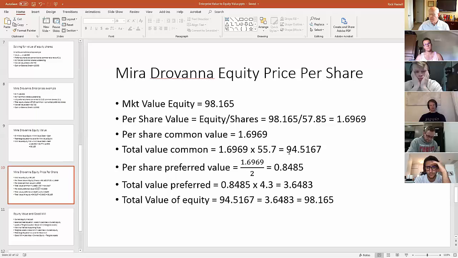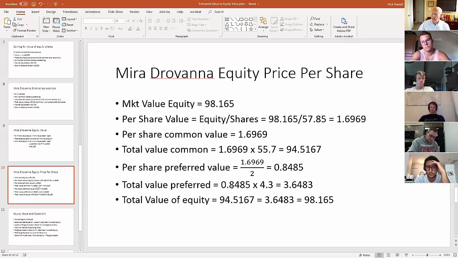Let's do the same kind of thing now for preferred. We're going to take that same 1.70 and we're now going to divide it by 2. Remember, we did the same thing when we found the equivalent shares of the preferred, such that we've got 0.84, let's call it 85 cents per share of preferred stock.